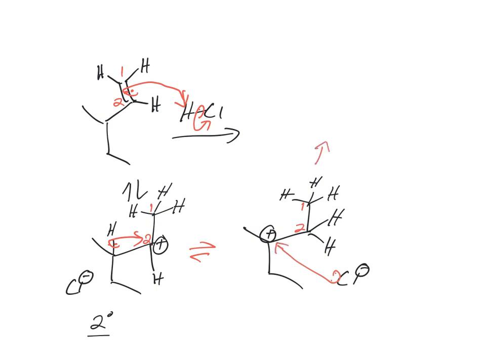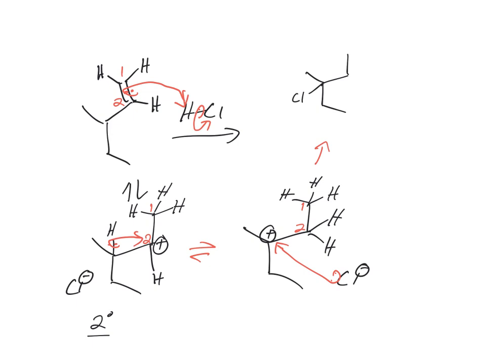Now be careful here. What kind of products are we going to make? Let's take a look. Chlorine added there. Do we make an asymmetric center? Is there an sp3 hybridized atom with 4 different things bonded to it? Methyl, ethyl, nope, it's not.